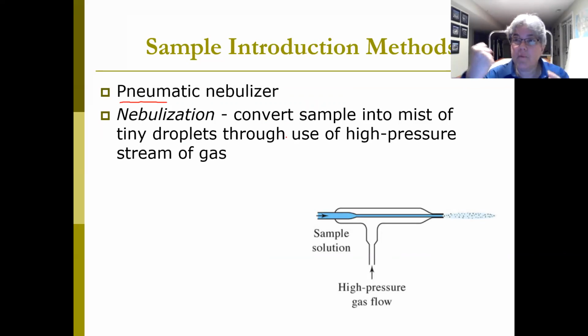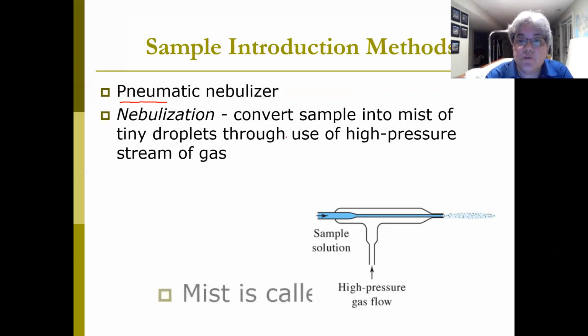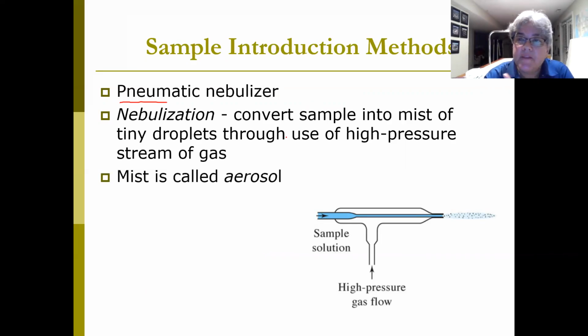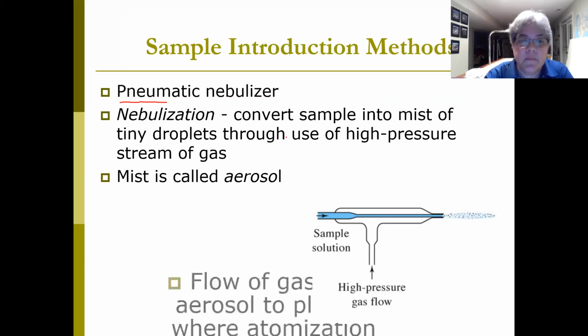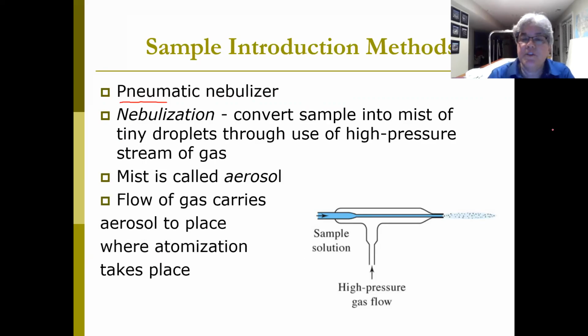So you have a high pressure gas, it hits your sample, and the force breaks your sample into small droplets. And these small droplets, the mist, is called an aerosol. And then once you get your sample into these small droplets, then the gas will carry your sample to the next step for atomization. So this is called a nebulizer.